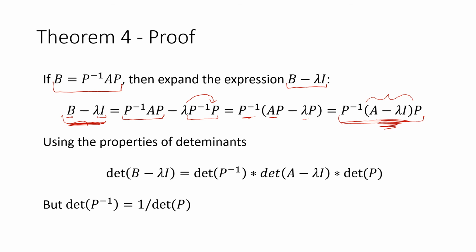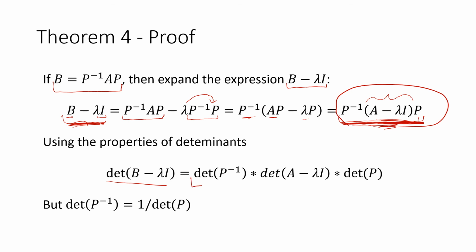But now take this thing on the right-hand side and use the properties of determinants. So the determinant of B minus lambda I, that thing on the left side, is equal to the determinant of P inverse times A minus lambda I times P, this thing on the right-hand side. But what's the determinant of that? Remember, we said that if you have matrices that are multiplied together, you can take them apart and do the determinants of each individually.